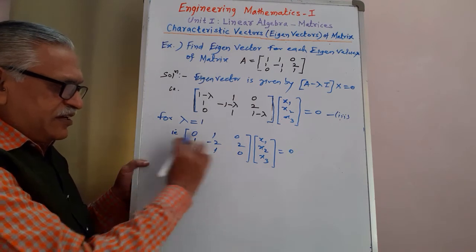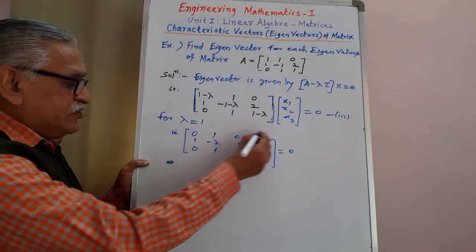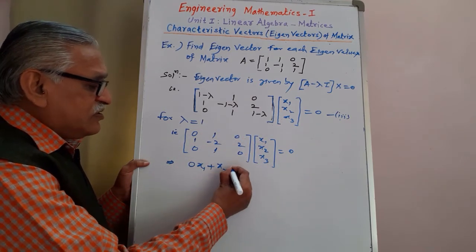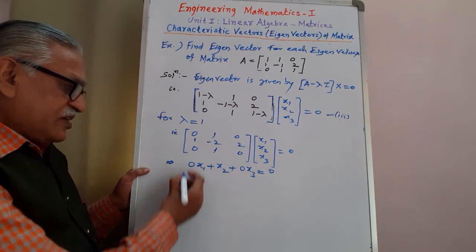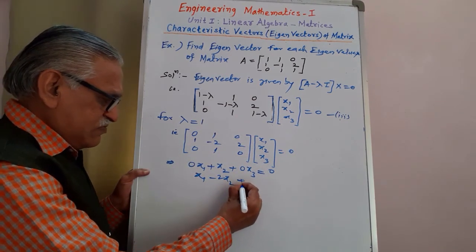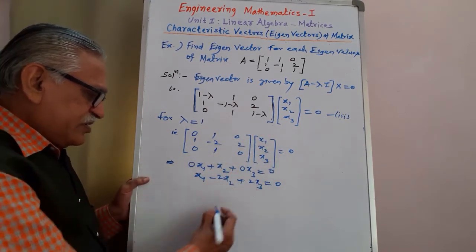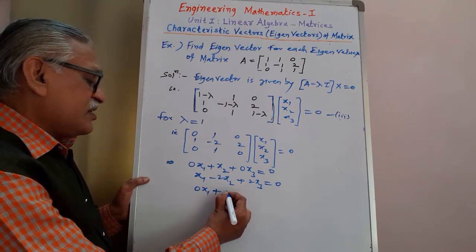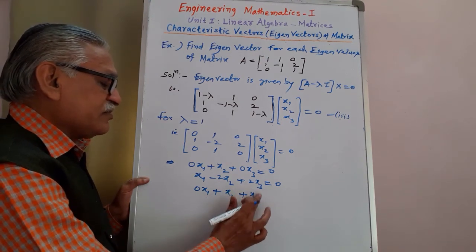And then taking the matrix multiplication, it implies 0 into x1 plus 1 into x2 plus 0 x3 is equal to 0. The second equation has x1 minus 2x2 plus 2x3 is equal to 0. Third equation, 0x1 plus x2 plus 0x3.